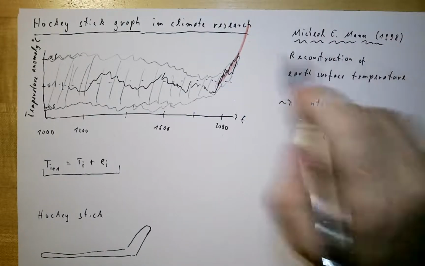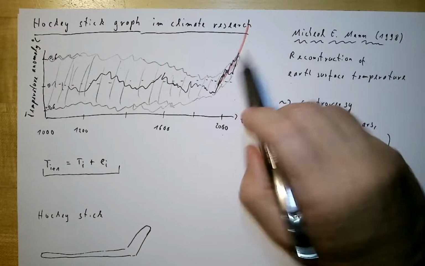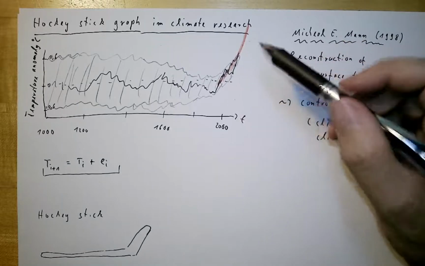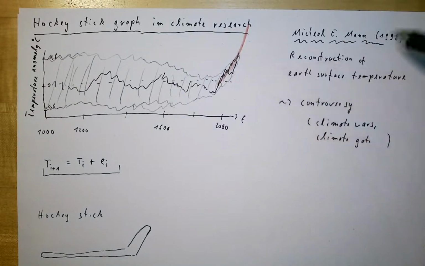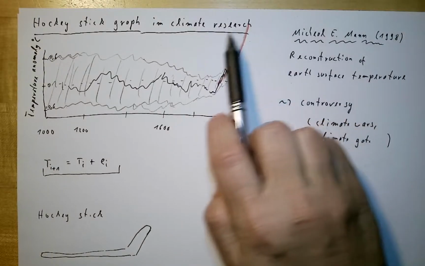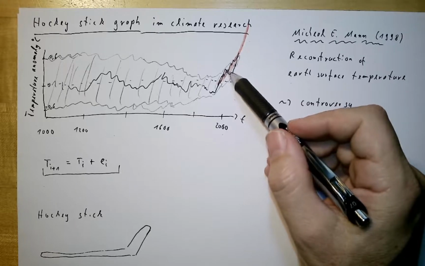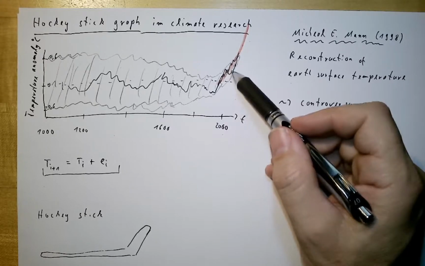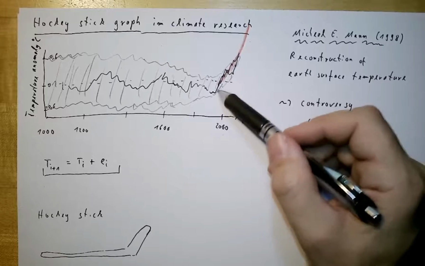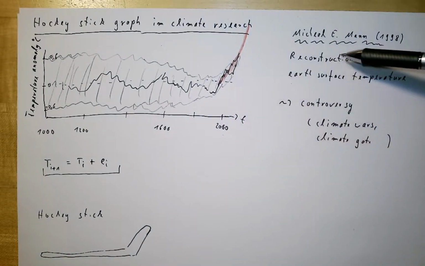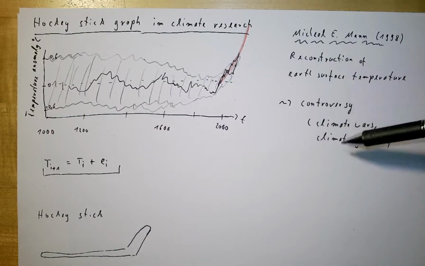So the more we go into the future, this cannot be neglected anymore. But that's also clear. This was done in 1998, where we had 20 years less of data, and the question was a lot more complicated. Already at this time, I think everybody who looked at the data could see it was kind of clear that it's increasing. But okay, I don't want to say too much about this.